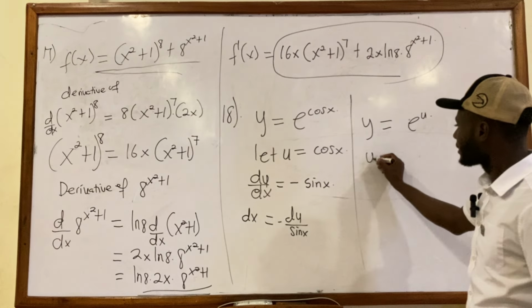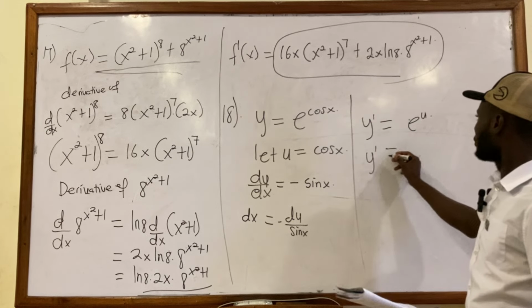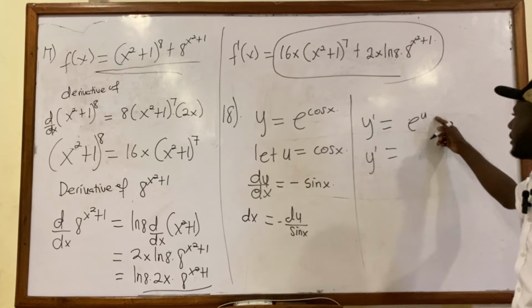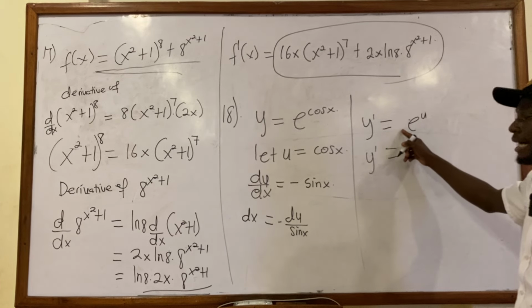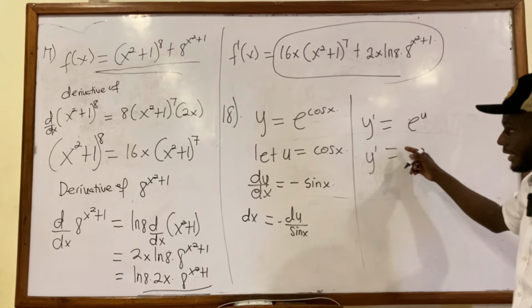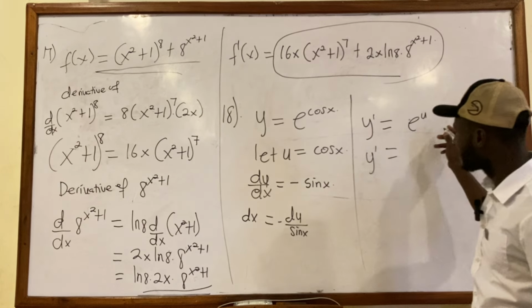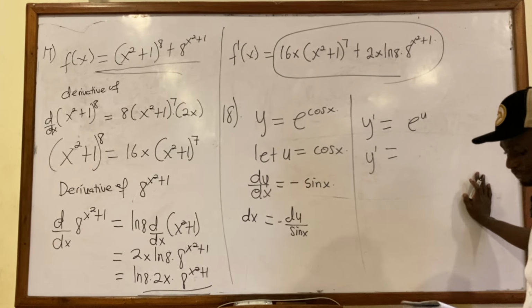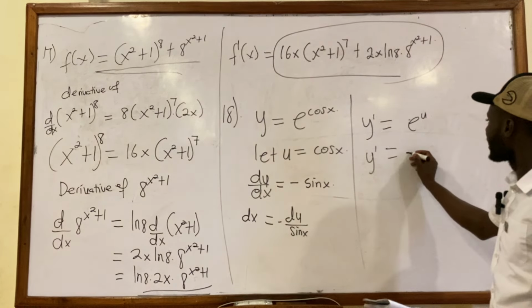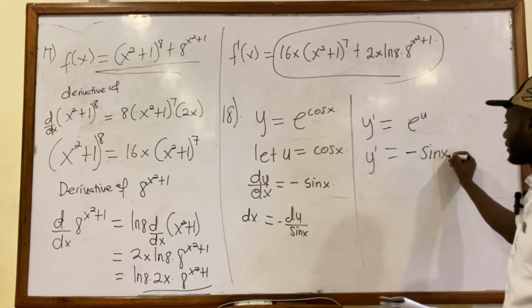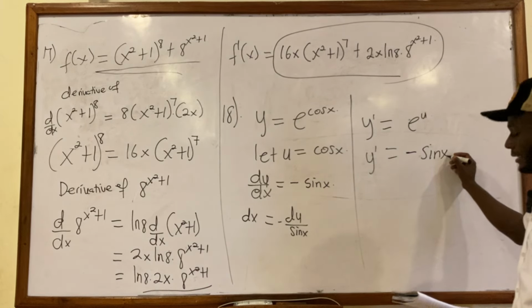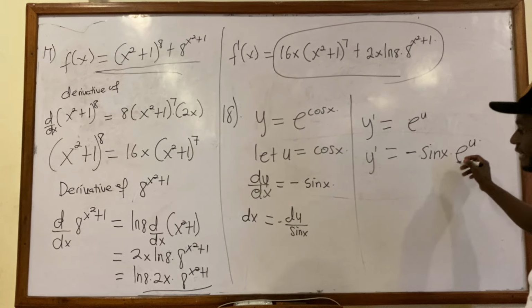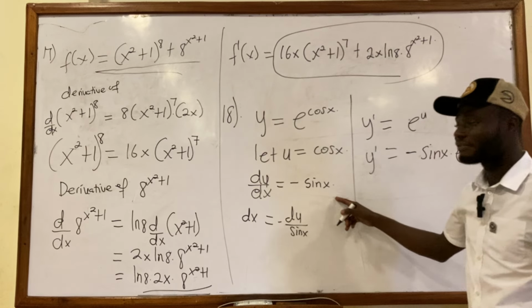Now we know that when you have a function like this, you differentiate the function on top, then use it to multiply the whole function again. Over here we have differentiated u already, and we had negative sin x.